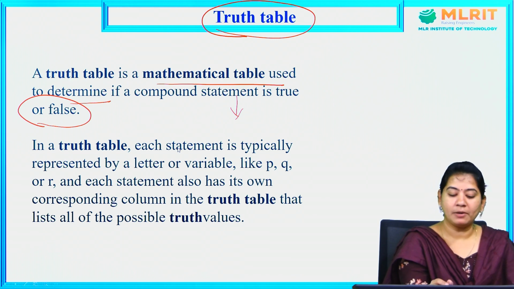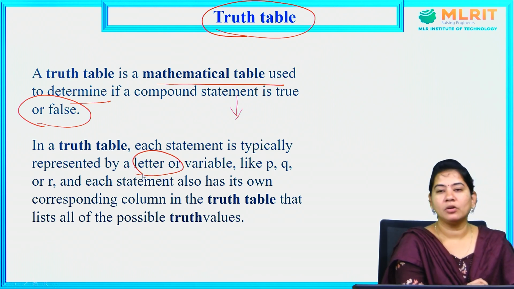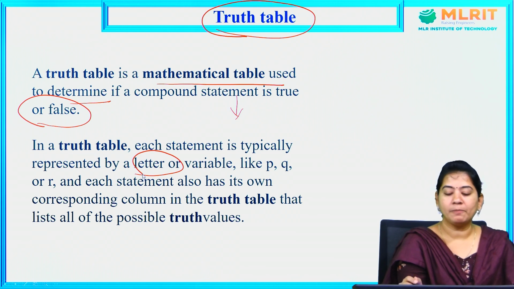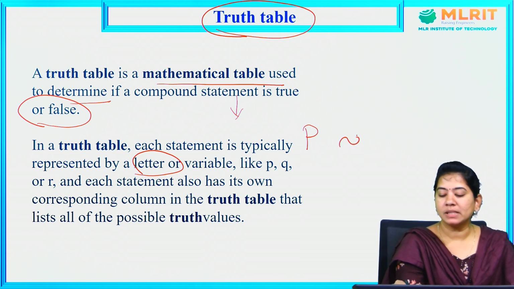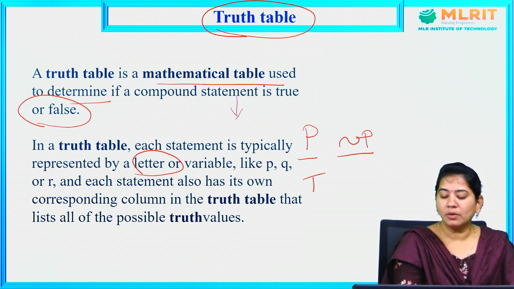So in a truth table, each statement is typically represented by a letter or a variable. So if you observe the truth table for the negation, here P we are representing with the variable, and what is negation P here? So basically this P and negation P we denote with true and false. The possible combinations for only one statement are either true or false.